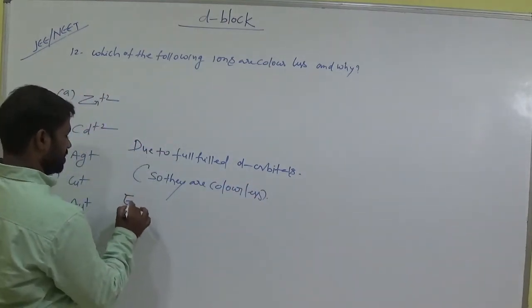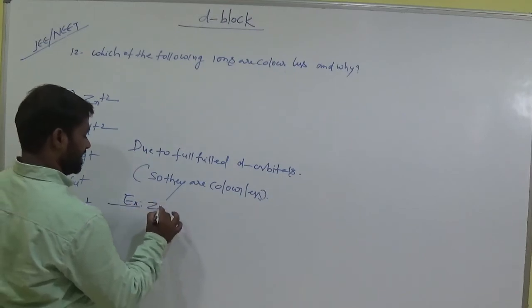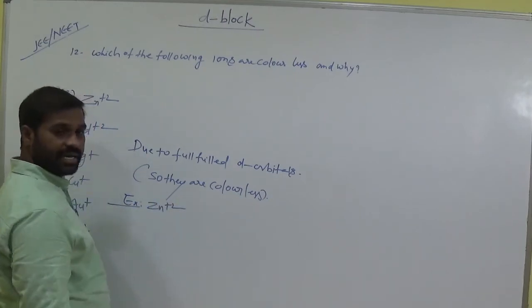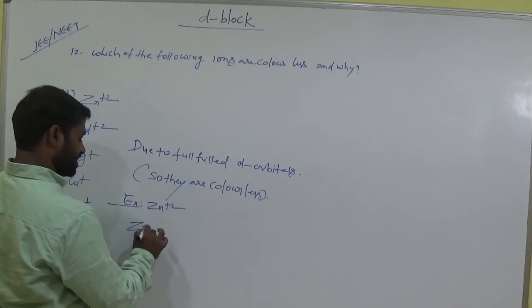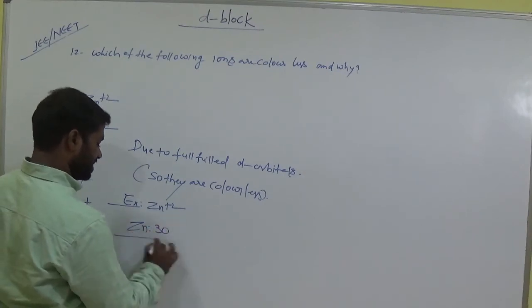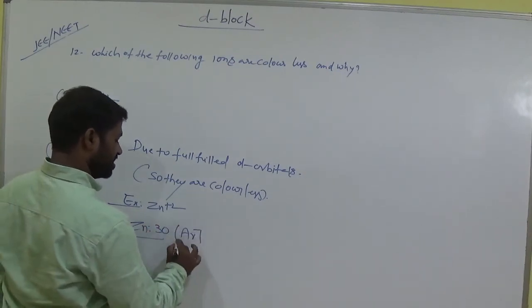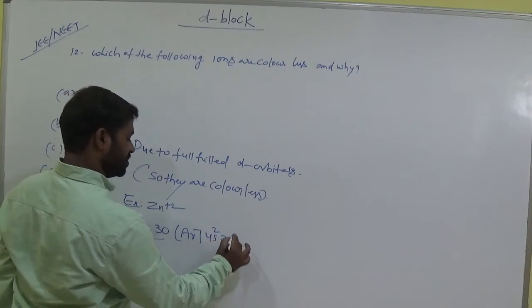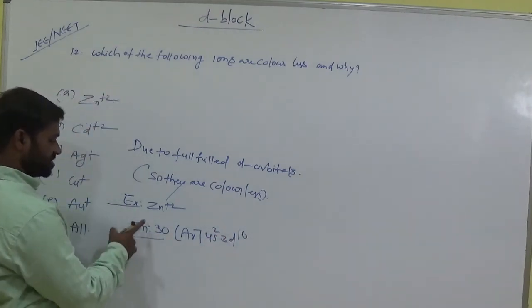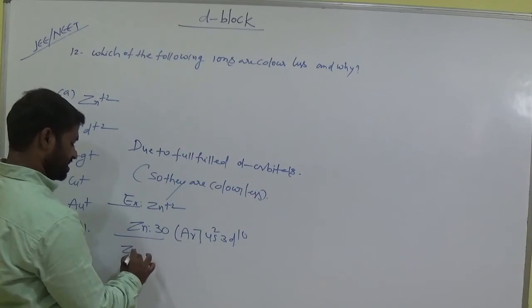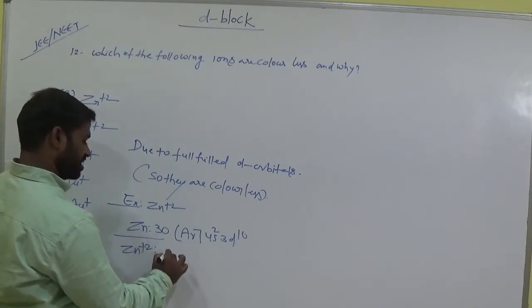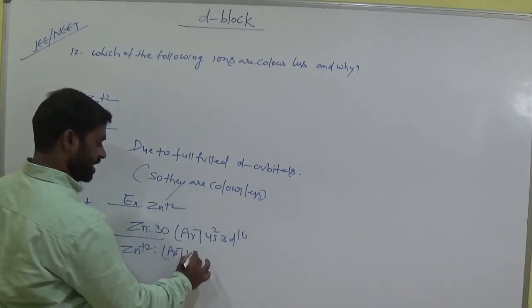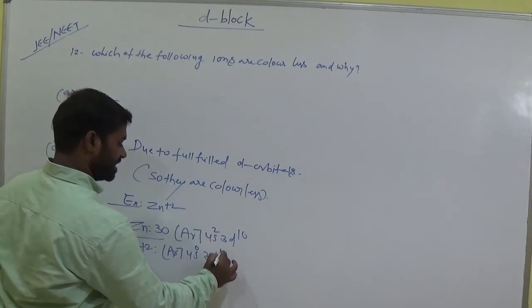Here, for example, Zn plus 2. Clear? What is the atomic number of zinc? 30. Its electronic configuration is argon 4s2 3d10. Zn plus 2 means remove 2 electrons, giving argon 4s0 3d10.